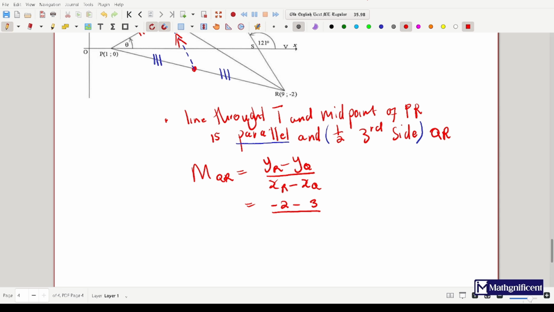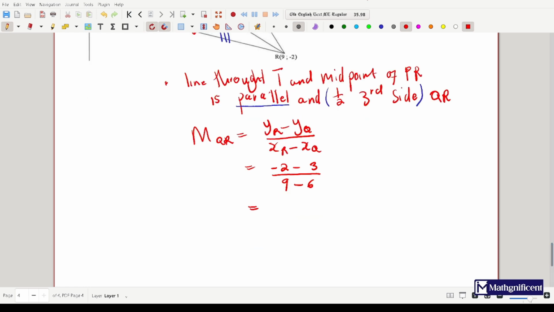Then we divide this by the X value of R, which is 5, minus the X value of Q, which in this case is 6. Then we say -2 minus 3, you know this is going to be -5, and 5 minus 6 is going to be equal to -1... so that the gradient of QR is equal to this.